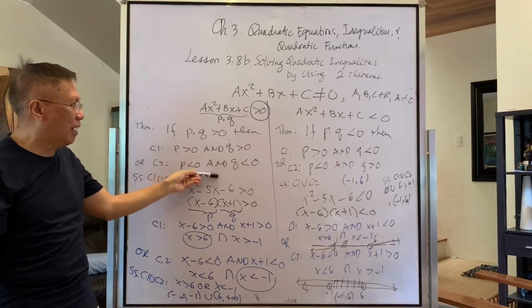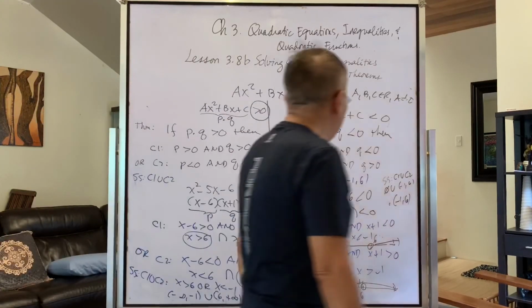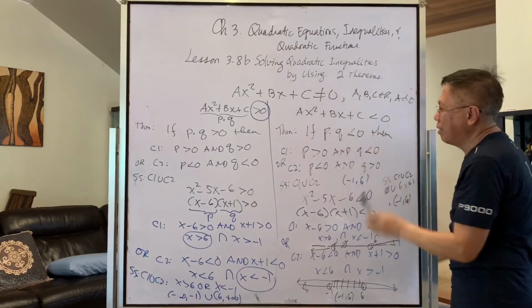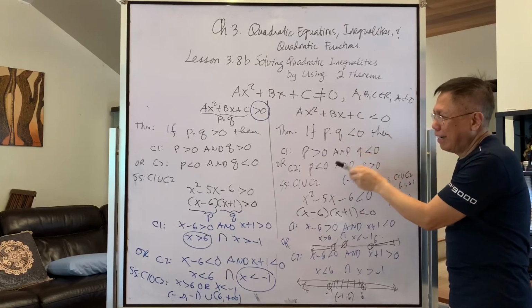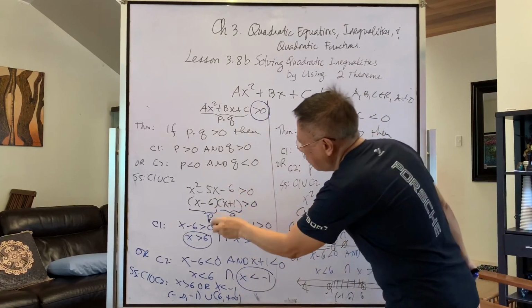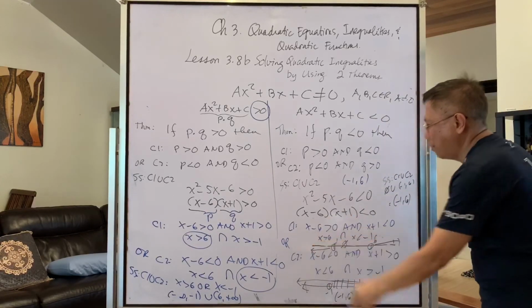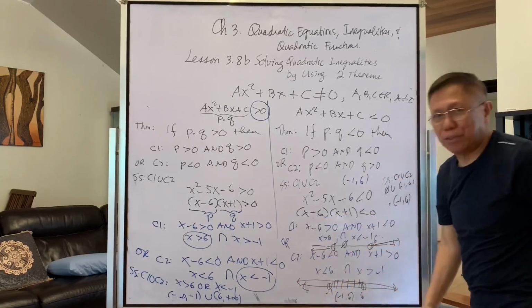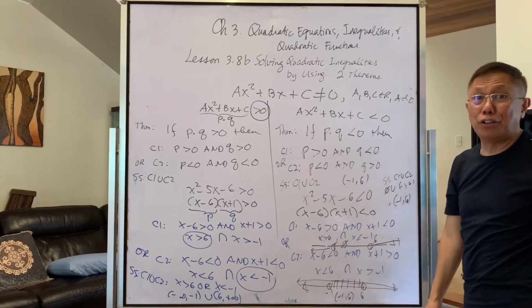These are the cases. You have to mention these two cases. And if p times q is less than 0, these are the two cases. And then your solution will just be the union of case 1 or case 2. Case 1 or case 2 is not case 1 and case 2. It should be case 1 or case 2 to indicate it's a union.